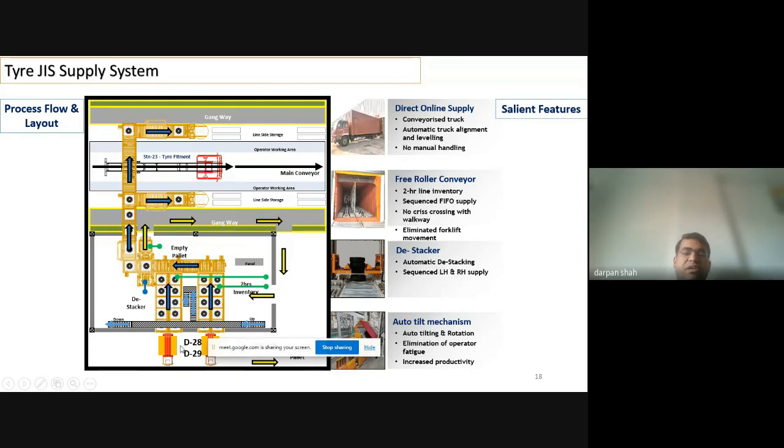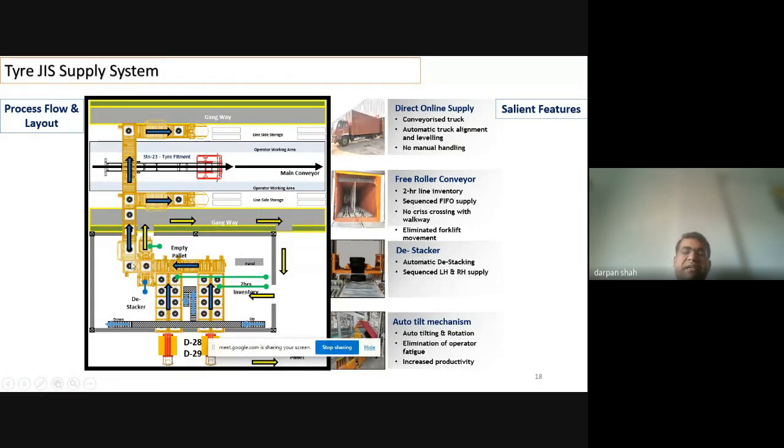These two trucks filled with the assembled tires come directly to this dock. The special feature is that these trucks also have conveyors installed inside. So there is no manual handling of tires. The tires are automatically unloaded onto a conveyor system where they are stored in sequence.